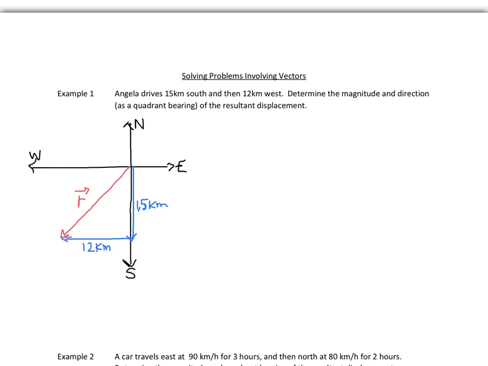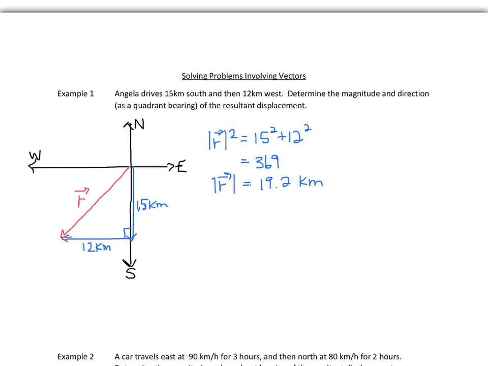Now, first of all, we would like to find the magnitude of that resultant vector. So we can use the Pythagorean theorem to do that, since this is a right-angled triangle. So we know that R squared will be equal to 15 squared plus 12 squared, which is equal to 369. And if we take the square root of that, we know that the magnitude of that resultant vector is 19.2 kilometers.